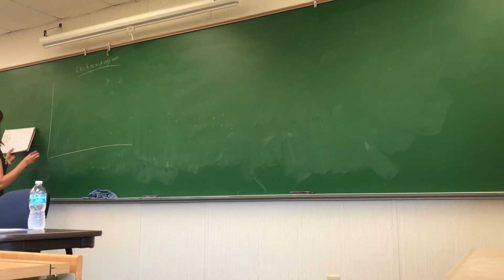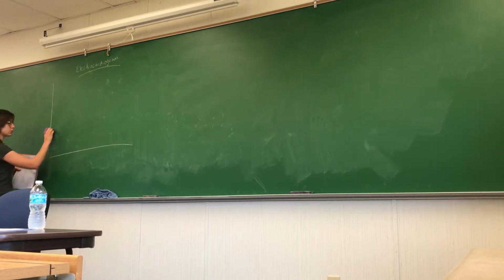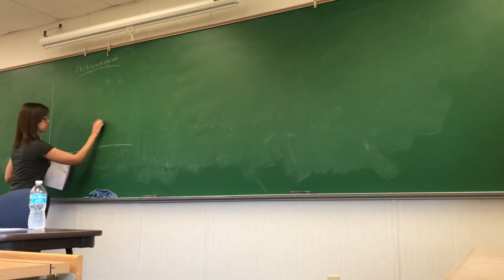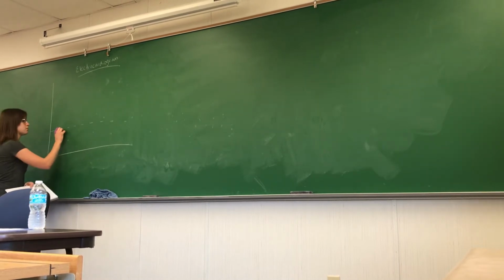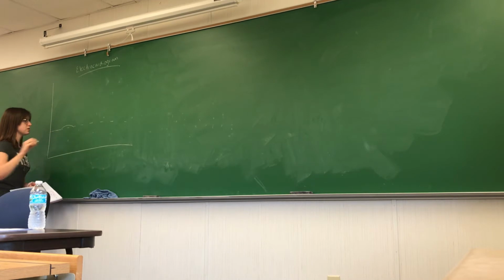Alright, so we have this electrocardiogram, right? And we've got this baseline here. So it starts out flat. And what's the first thing that happens? P wave, right? And what does the P wave stand for?